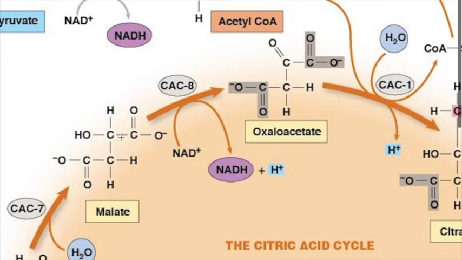This malate then has this carbon here, which can then be turned into a ketone. And in the process, we can harness a couple of high energy electrons, transfer them to NAD plus to form NADH, and then we get back to our starting material. So here is, again, oxaloacetate, which can then go through another turn of the citric acid cycle.